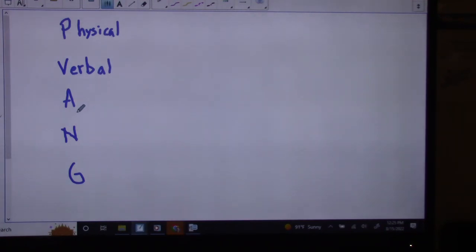Okay, what does A stand for? Yeah. Okay, sometimes it could be algebraic, or sometimes you call it analytical. So I'm going to give both of those. So analytical would be like an equation. And I'm going to put algebraic because they're somewhat similar.